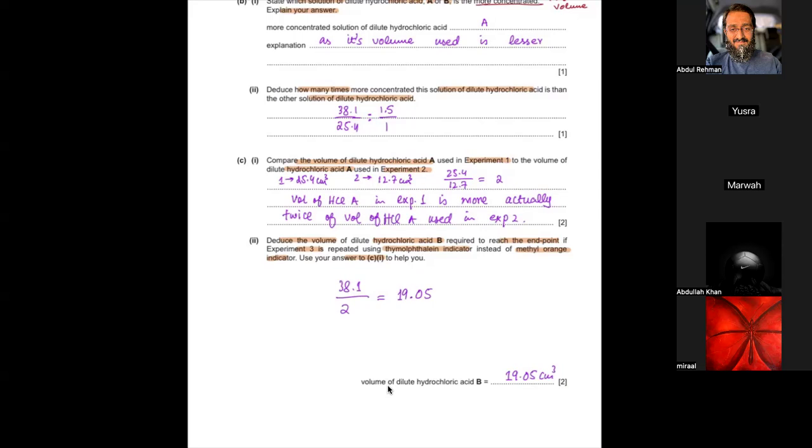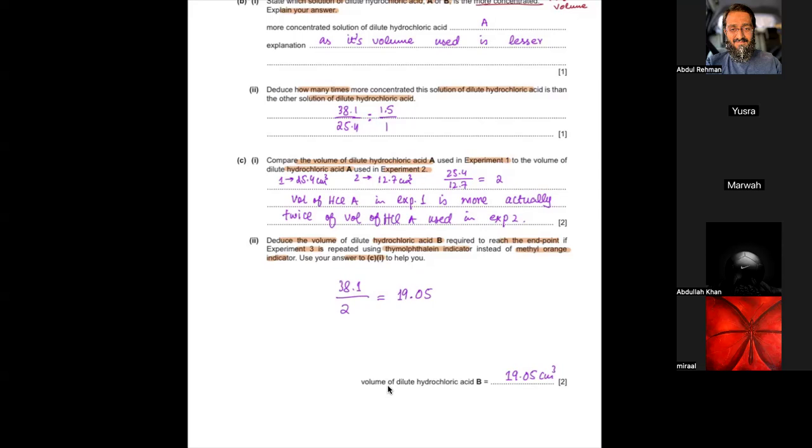If the indicator is also undergoing an acid-base reaction, then not just the acid, the indicator is also, for example, using up the base. As a result, less volume of acid is going to be used because the rest of the base is neutralized by the indicator. I see, sir. Thank you. Yeah, but if the examiner asks you a reasoning like this, they will give you some hint or information about that and then ask you.